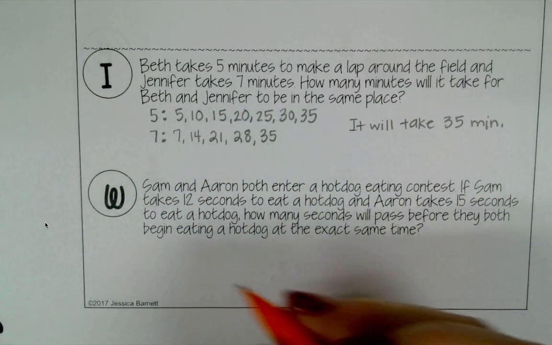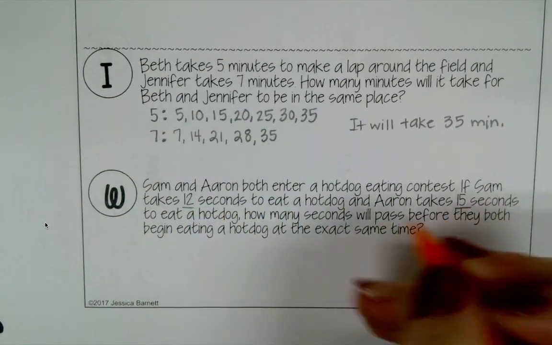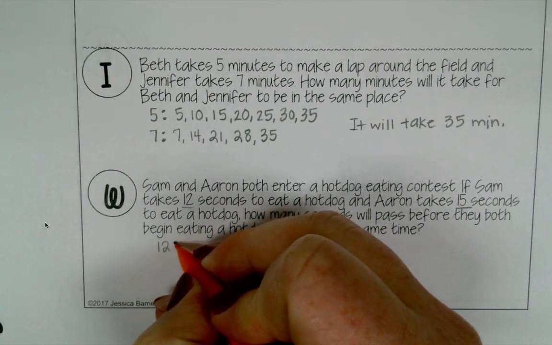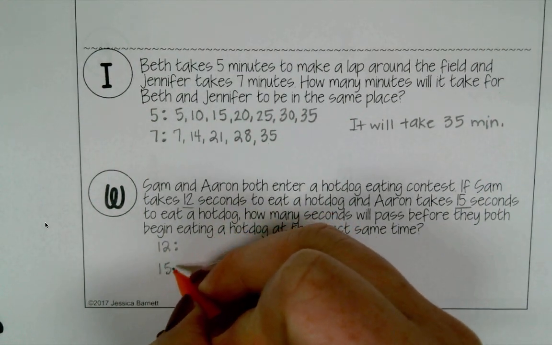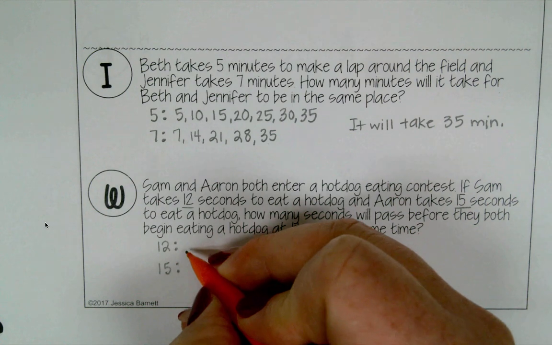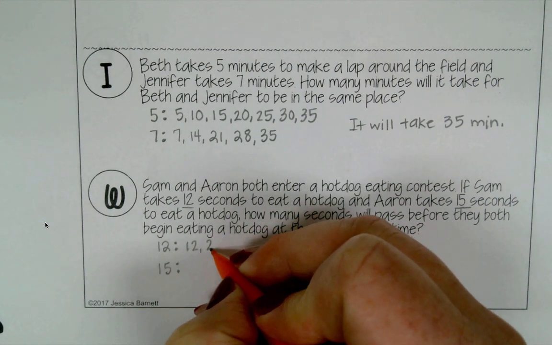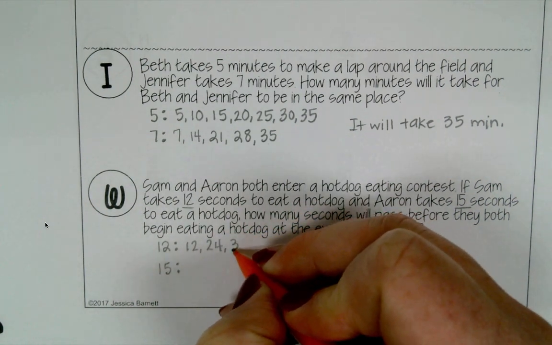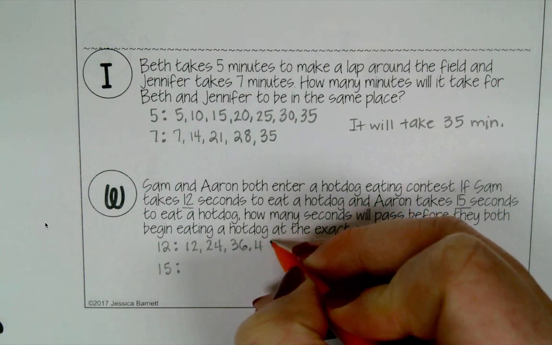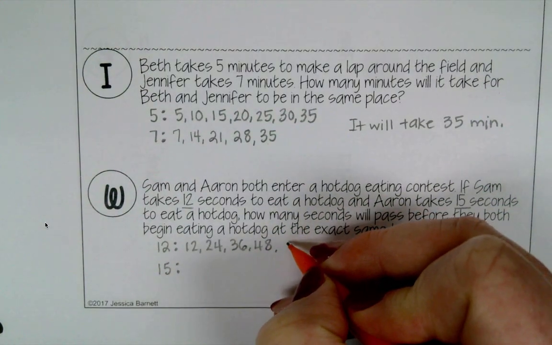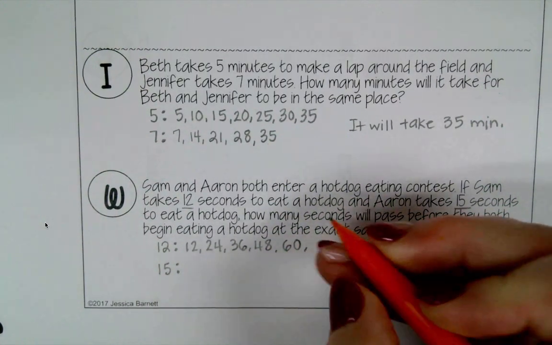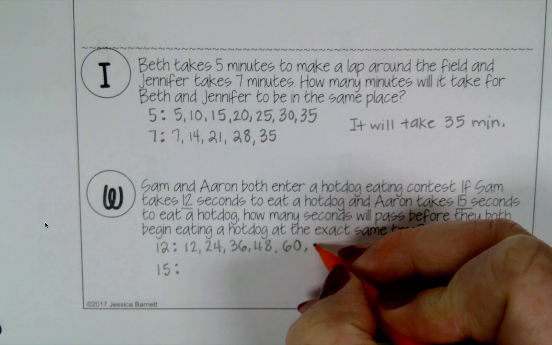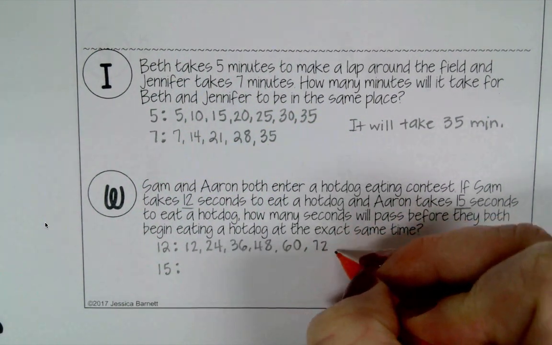So we are going to find the least common multiple of 12 and 15. Ooh, 12 times 1, times 2, 3, 4, 5, 6.